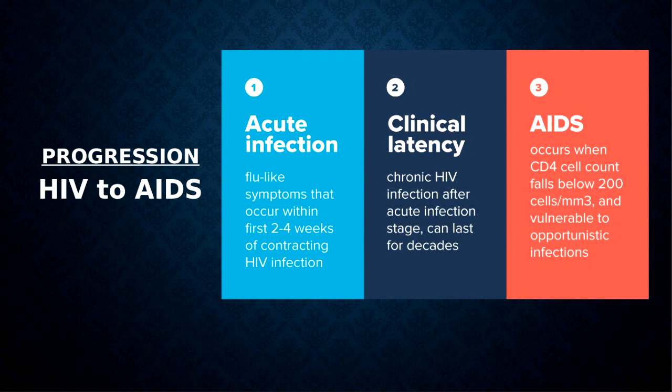Then you have a latent period, and it may take a long time before a significant infection occurs that would take you to the doctor. And then your AIDS occurs when your CD4 count falls below 200. You're more vulnerable to those opportunistic infections when that CD4 count is below 200.